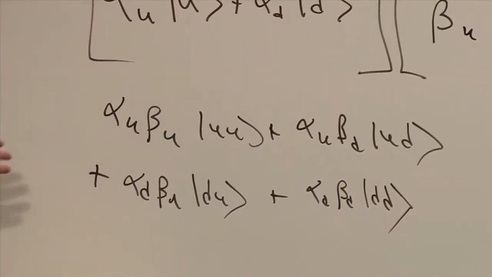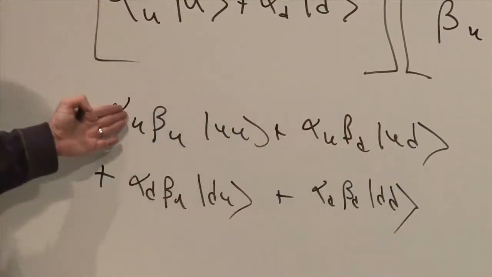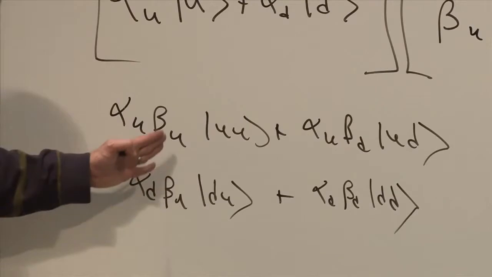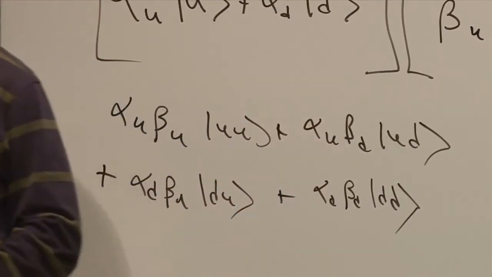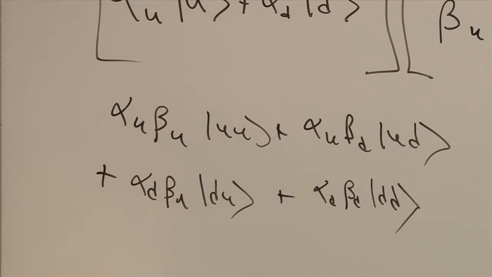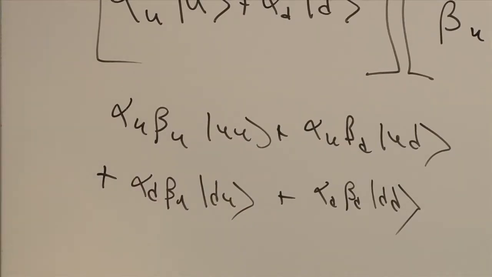All right, now, of course, this is of the form of a general vector, but there's something special about the coefficients here. The coefficients factorize, and therefore, this is, in a certain sense, special to some extent. Let's see if we can quantify how special.